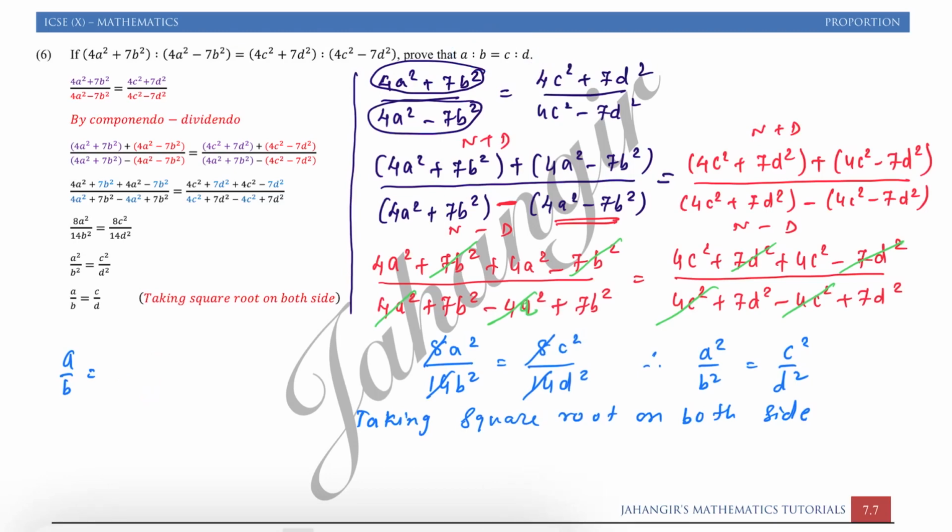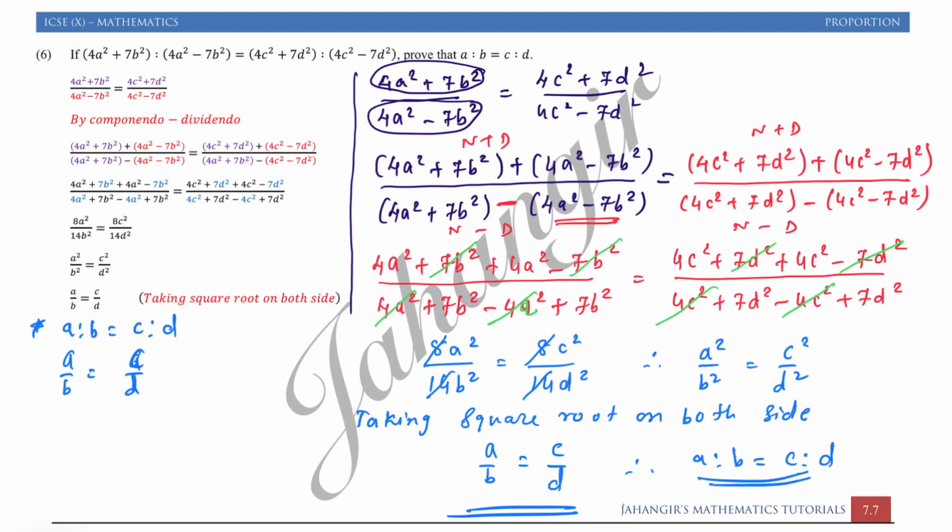I will just write a by b is equal to c by d. I can write taking square root on both sides, a by b is equal to c by d. Hence we got, so therefore in ratio format a is to b is equal to c is to d. Okay, you have to always write the final format which is given in the question.